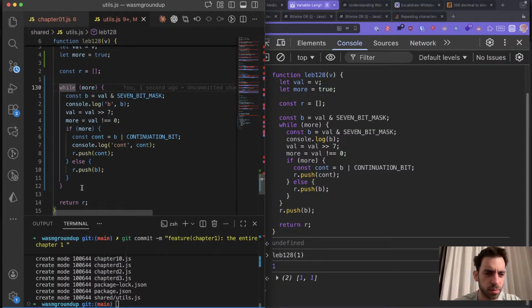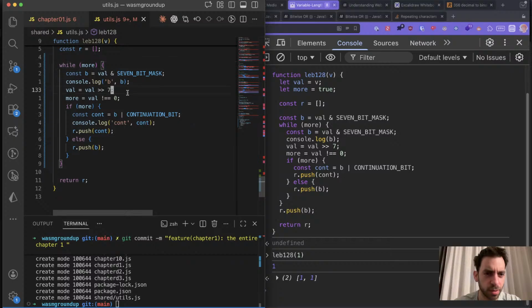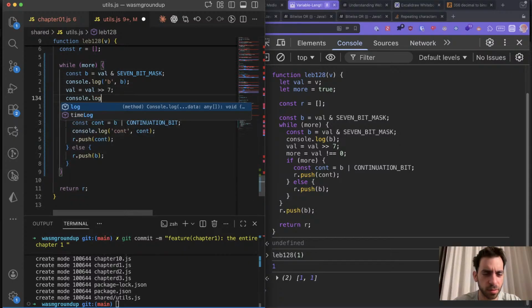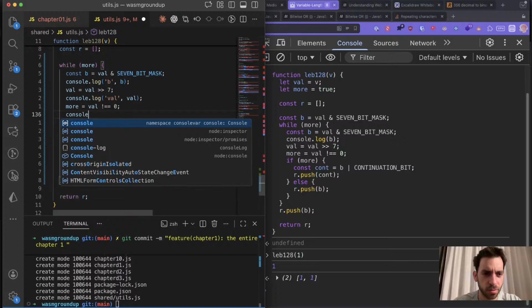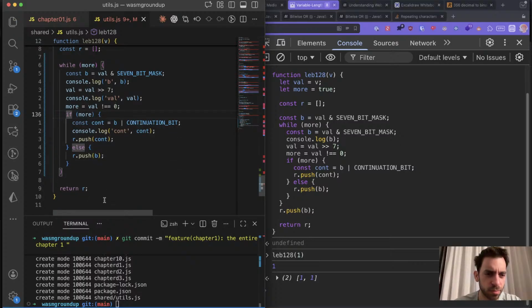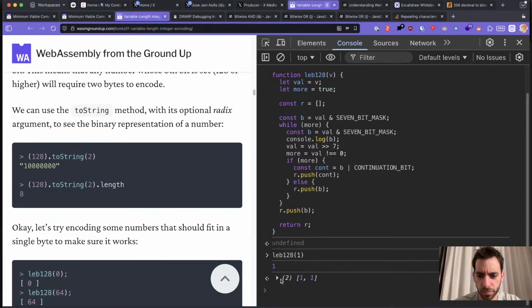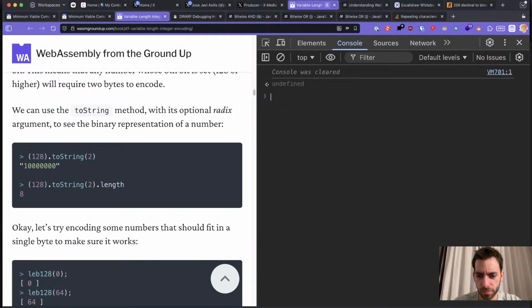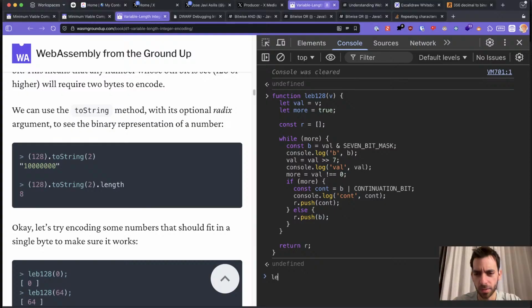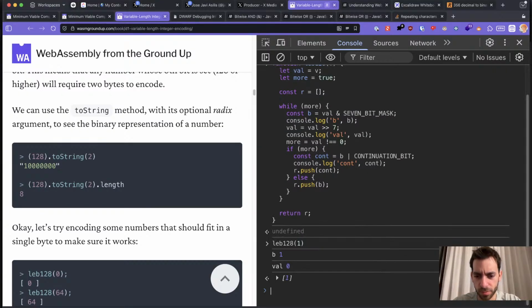Okay, return val, and I want to see console.log val. It's just a boolean. LB 128. I'm gonna say 1.